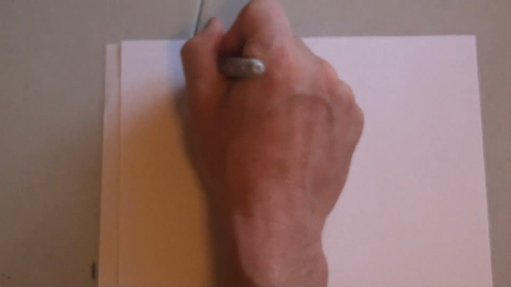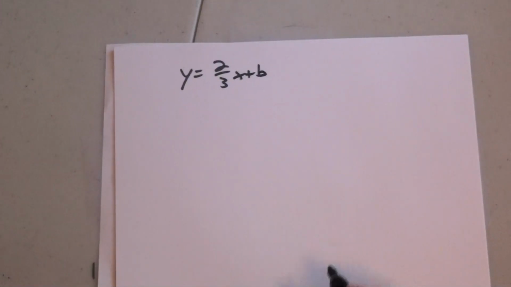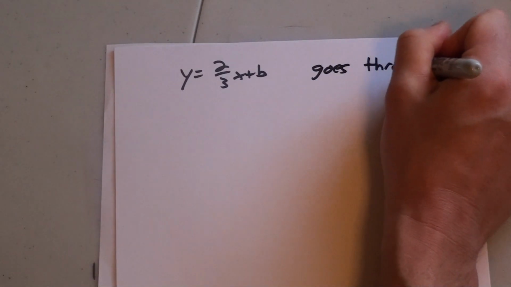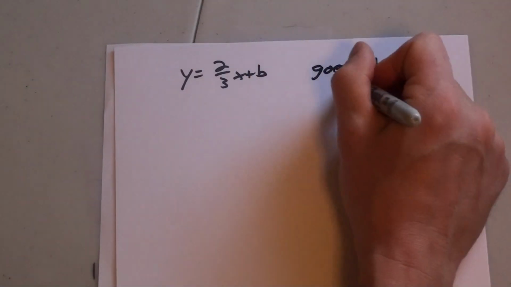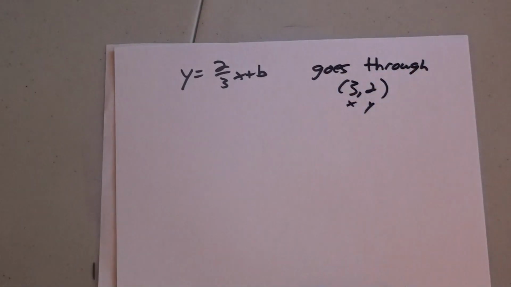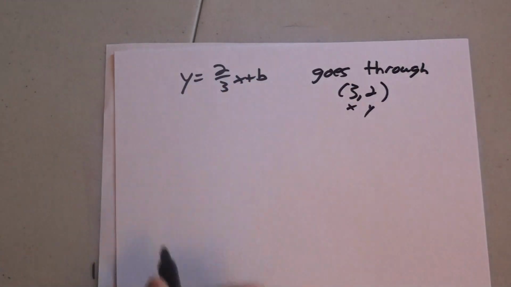So what I know right now is I have y equals 2/3 x plus b, and I know it goes through the midpoint of (3, 2). So I can sub that in for my x and my y in my equation and solve for the unknown b.